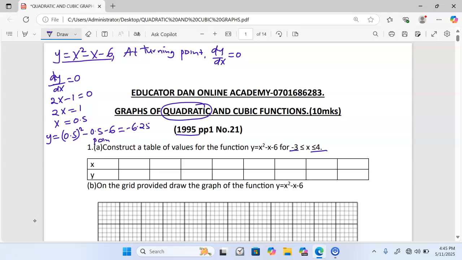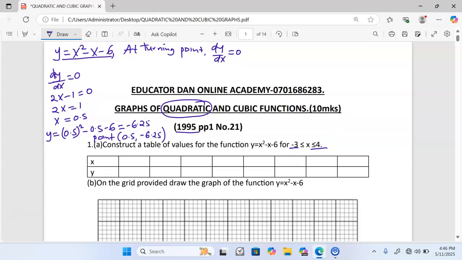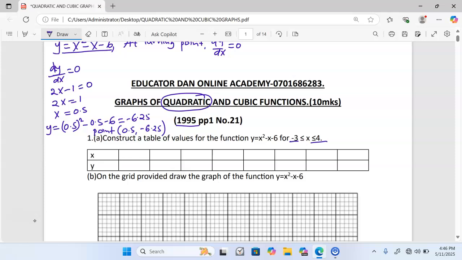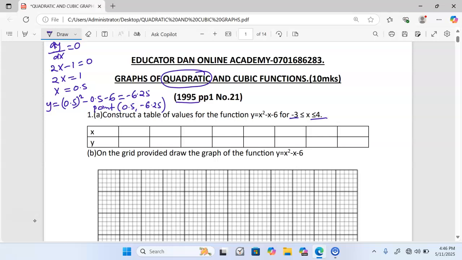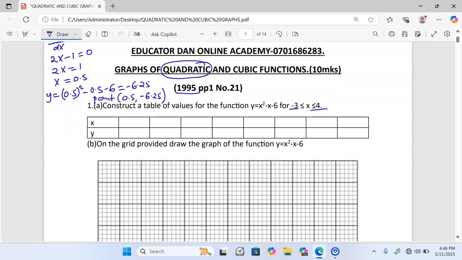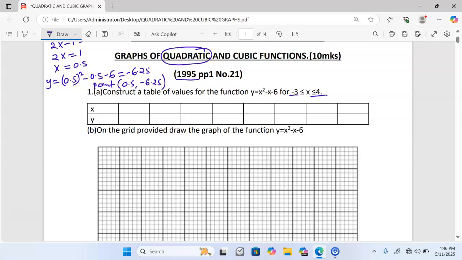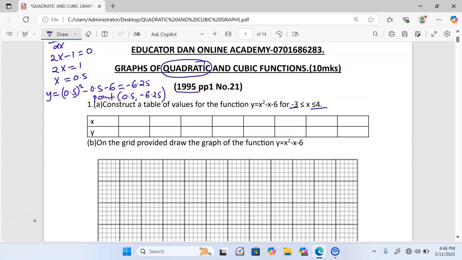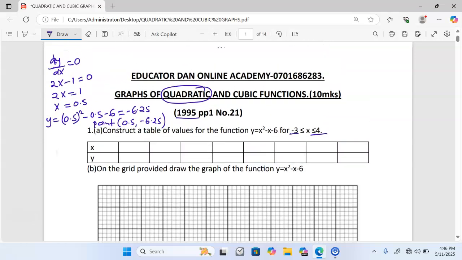Therefore, the turning point is 0.5 and negative 6.25, and it is always important that learners understand that this point is very important for you to score all the marks on these quadratic graphs.